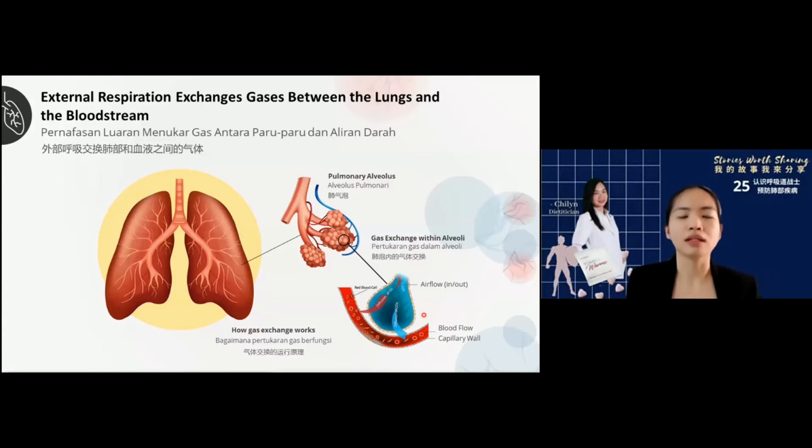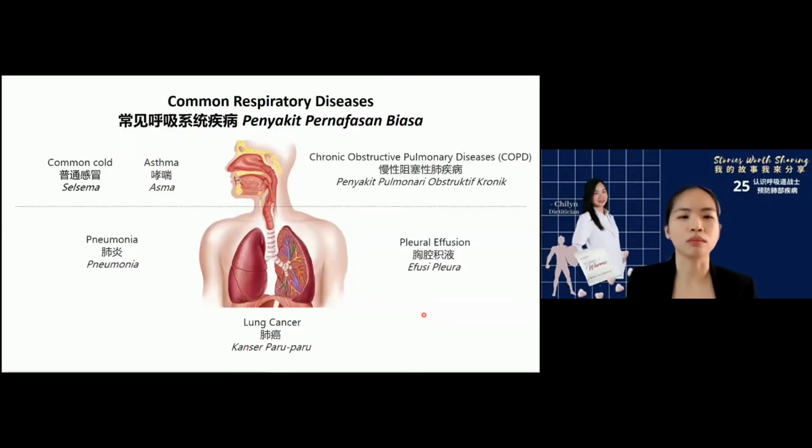As we are talking about the respiratory system, of course, everyone is concerned if there are any chronic respiratory diseases and what are the more common ones. So our respiratory system is divided into upper respiratory tract and lower respiratory tract. From our nasal cavity to our throat, that is considered our upper respiratory tract.